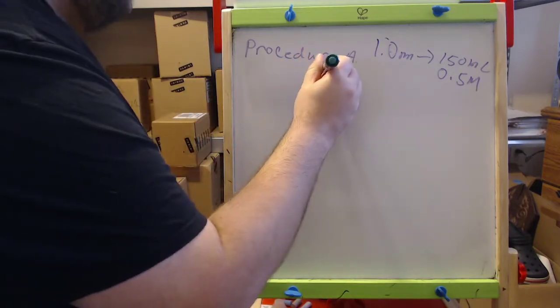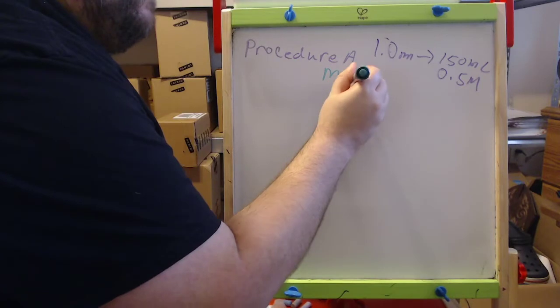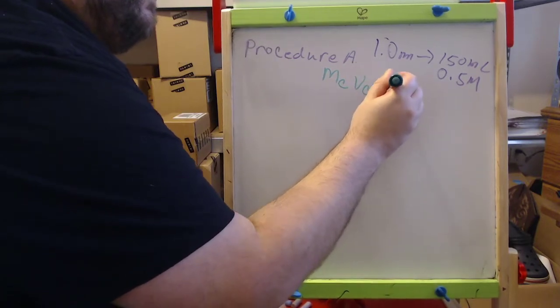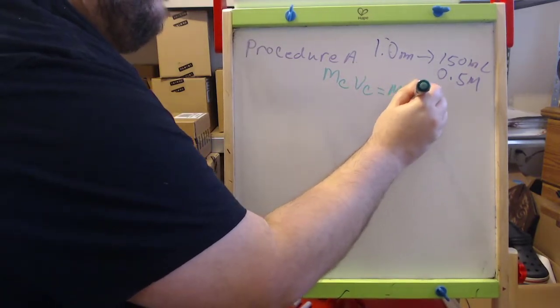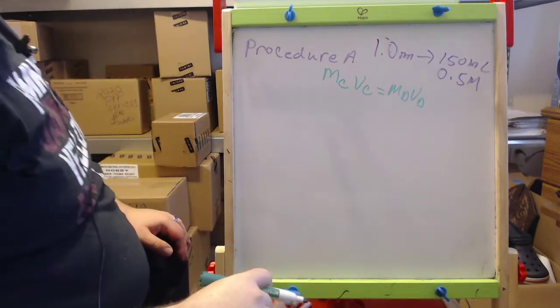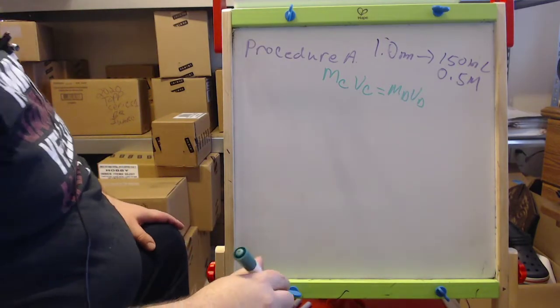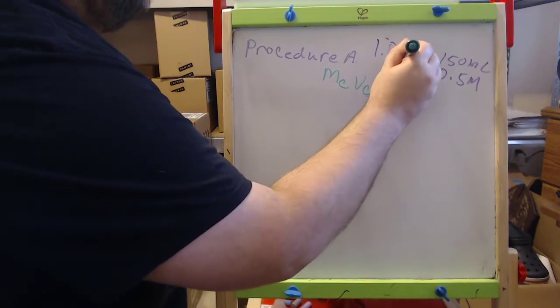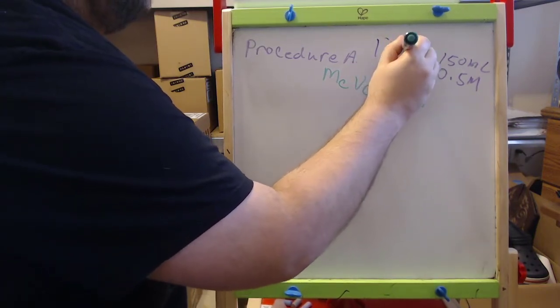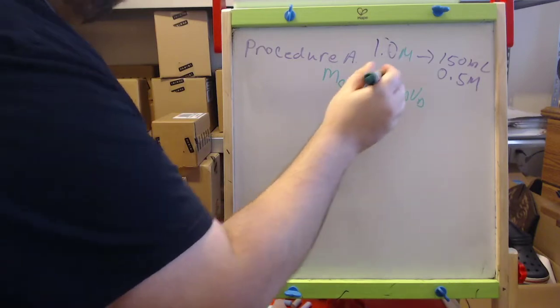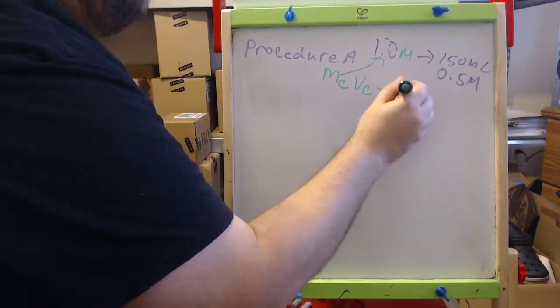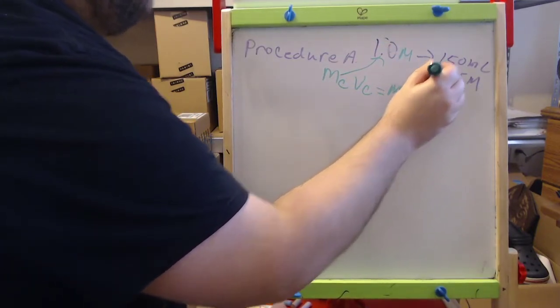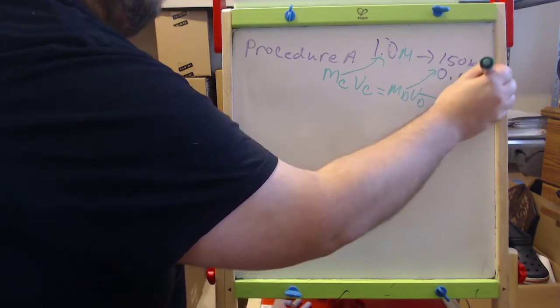In order to do so, you must do MCVC equals MDVD. This is a 1 molar solution, so this is your MC, and these are your values over here for MD and VD.